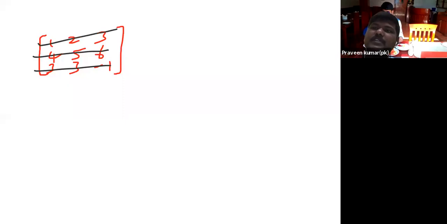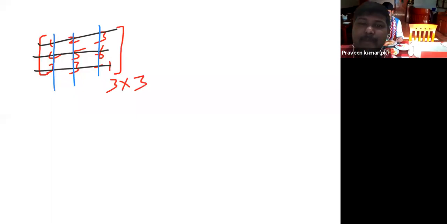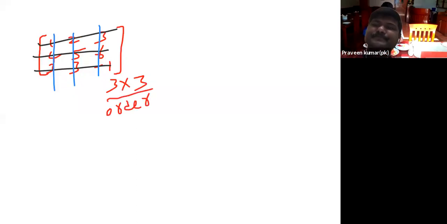How many columns are there, my dear students? We have 3 columns. 1, 2, 3. So the order of the matrix we can represent like 3 cross 3. I'm writing into, but we can spell as cross. 3 cross 3. Okay. This is called the order of the matrix.